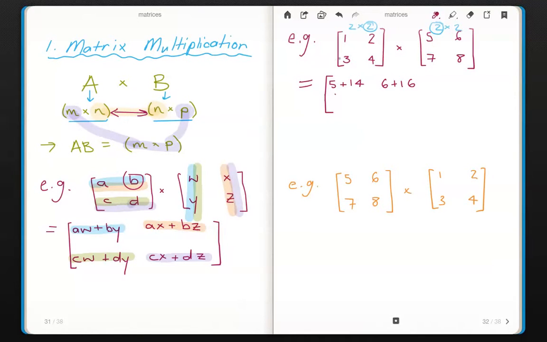Now I'm going to go with my second row and my first column: 3 times 5 is 15, plus 4 times 7 is 28. Then my second row and second column: 3 times 6 is 18, plus 4 eights are 32.